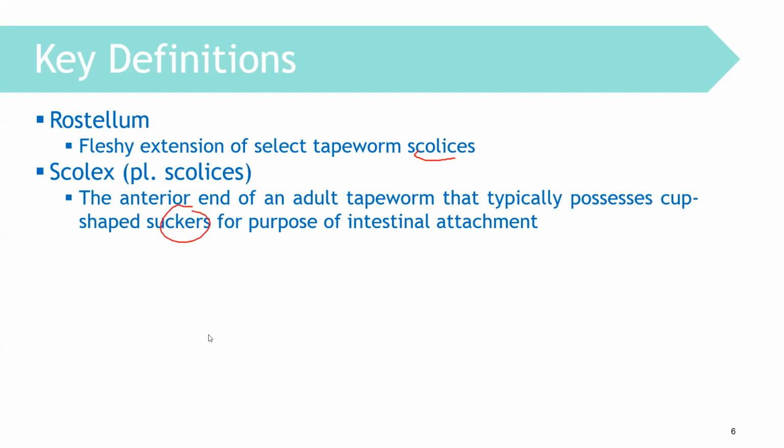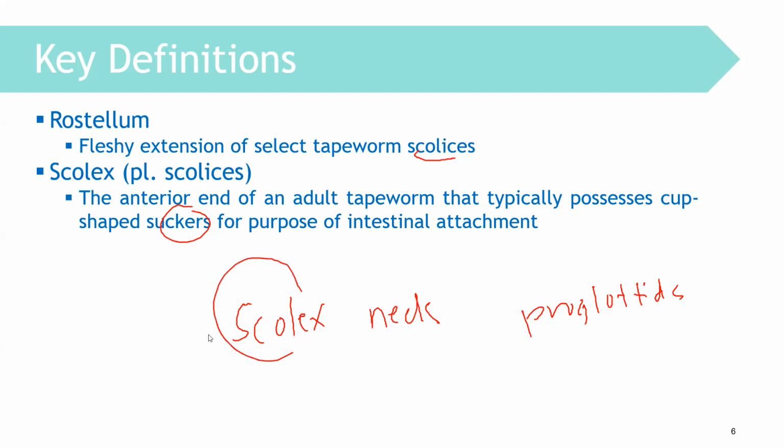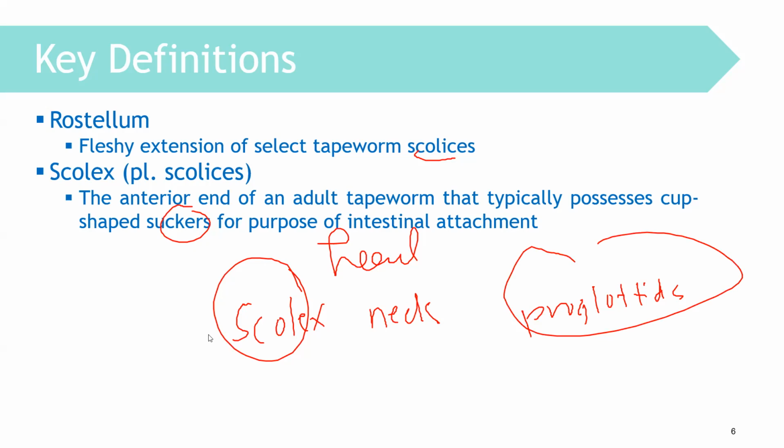There are three prominent parts of a cestode: the scolex, the neck, and the proglottids. These are the parts of the body of a cestode. The scolex is the head. Proglottids are the segments.